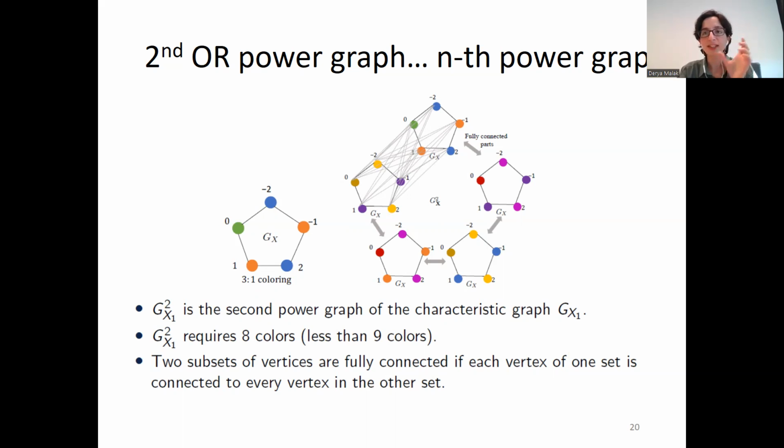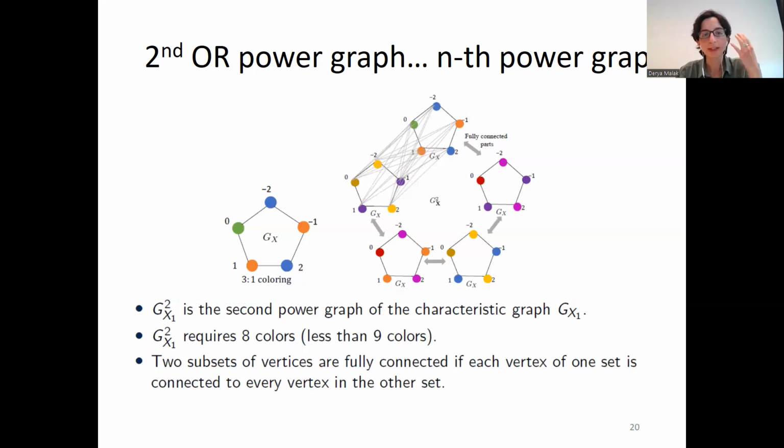In 2 realizations, we have 25 possible outcomes, as you see on the right-hand side in the second power graph. Each subgraph is identical to the first graph, but the consecutive subgraphs are fully connected. The neighbors are fully connected. This is how we build an OR graph.